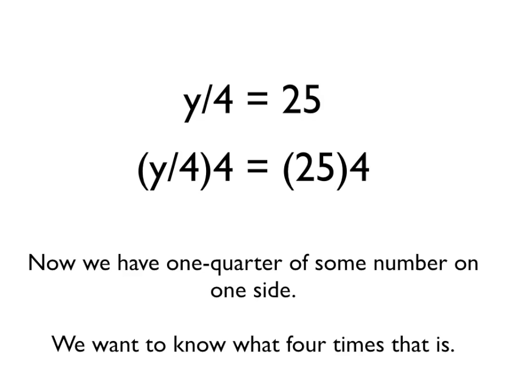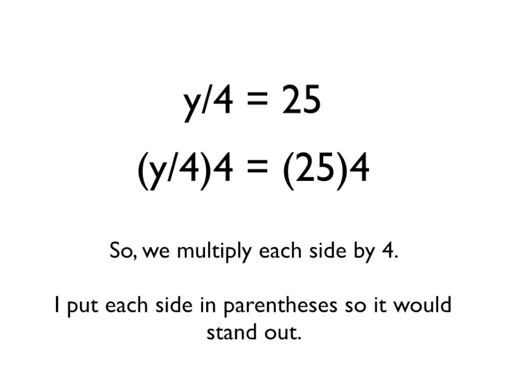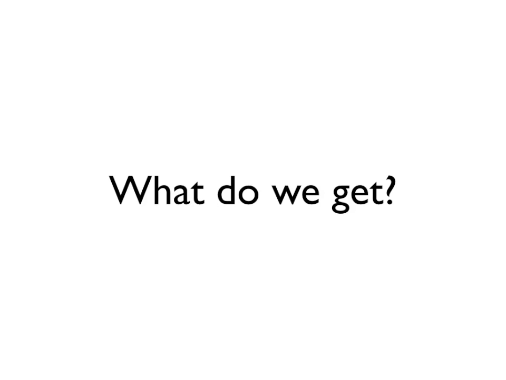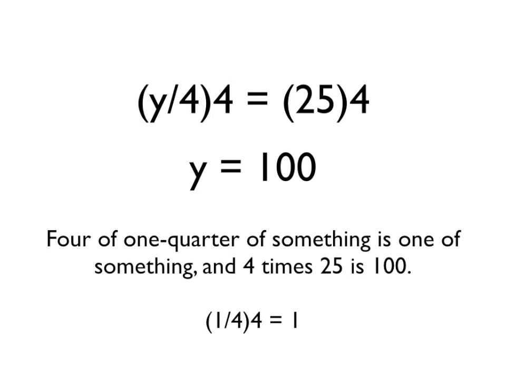Okay, well, if we have a quarter of something, we need 4 of those to make a whole thing. How many quarters make a dollar? 4. So we got to multiply by 4. When we do that, what do we get? We get 100. 4 quarters is a dollar. 25 times 4 is 100.